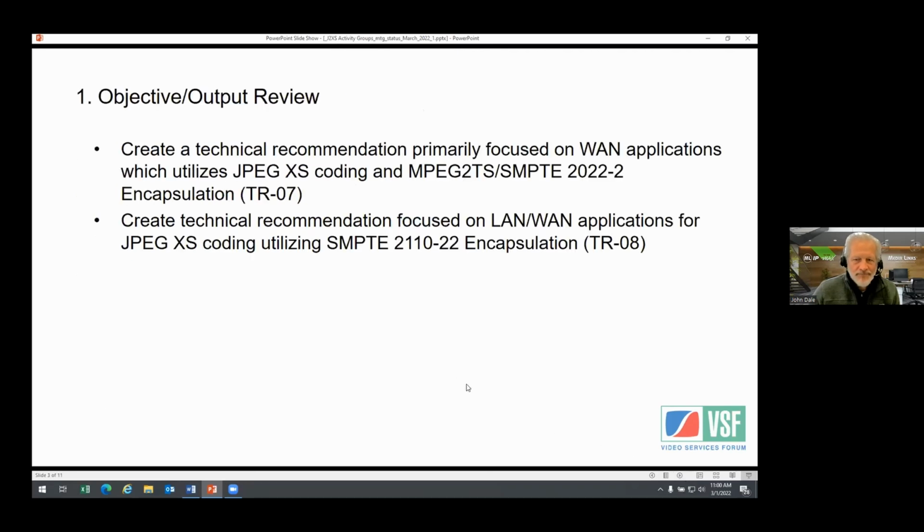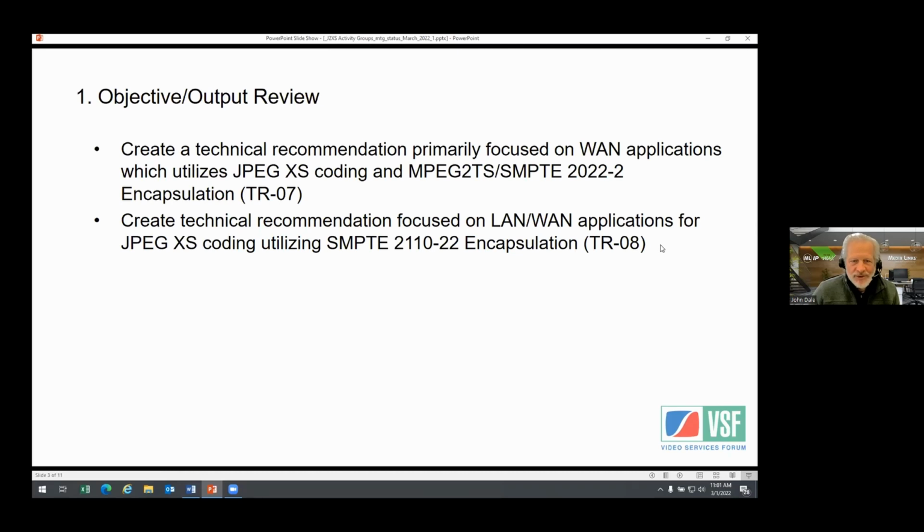So the current objective was focused on creating technical recommendations from the VSF similar to TR01, which was done for JPEG 2000, but for JPEG-XS.